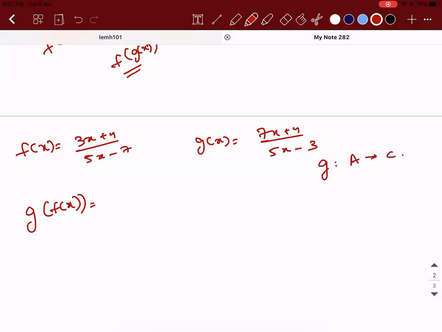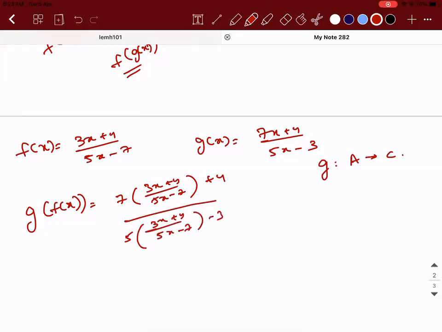So g of f of x is 7 into, in the place of x, what are you supposed to substitute? The whole f of x. So substituting 3x plus 4 by 5x minus 7, plus 4, divided by 5 into 3x plus 4 by 5x minus 7, minus 3.